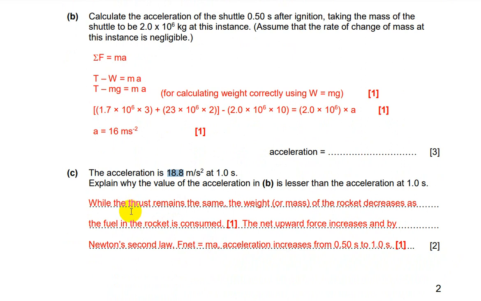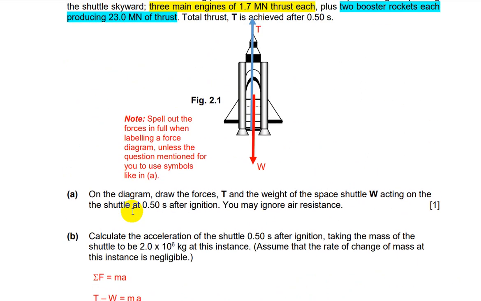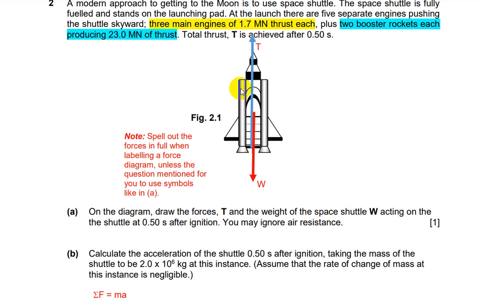As the rocket burns the fuel, whatever is produced after the fuel is burned is discharged through this part, and that's exactly what gives the thrust force upwards. Because this fuel is being pushed out here, which is the Newton's third law action pair, that produces the thrust upwards, which is the reaction pair.